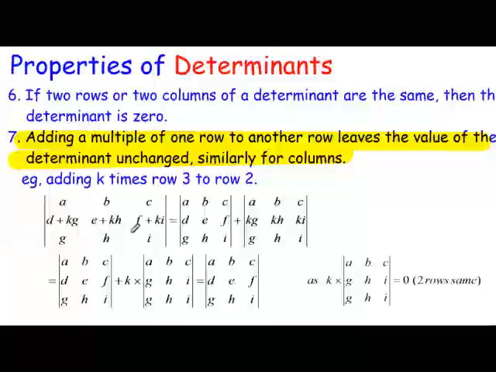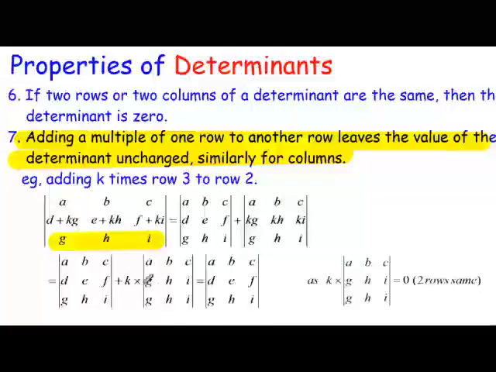So I'll just have a quick look here. You're adding k times row 3 to row 2. So row 3 is what? GHI. So you add KG, KH and KI to D, E and F, which is basically what I've done here. And we split them up using the previous property, and then we take the K out using another one of the properties.